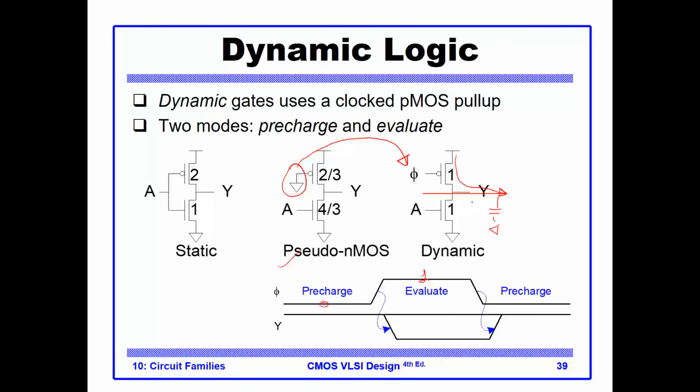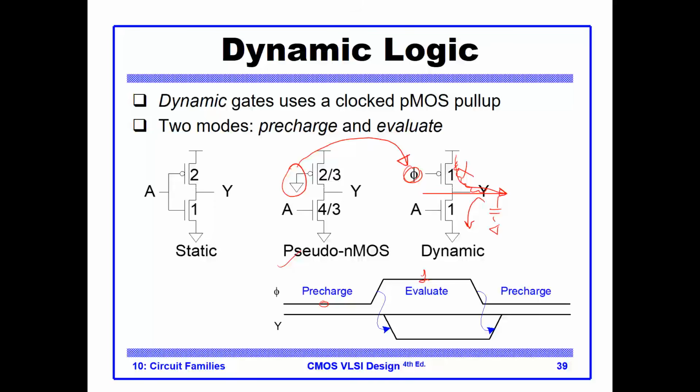During that pre-charge, this stack is disabled, and then the clock becomes 1, the PMOS turns off, and we will discharge the output conditionally based on the value of the input.